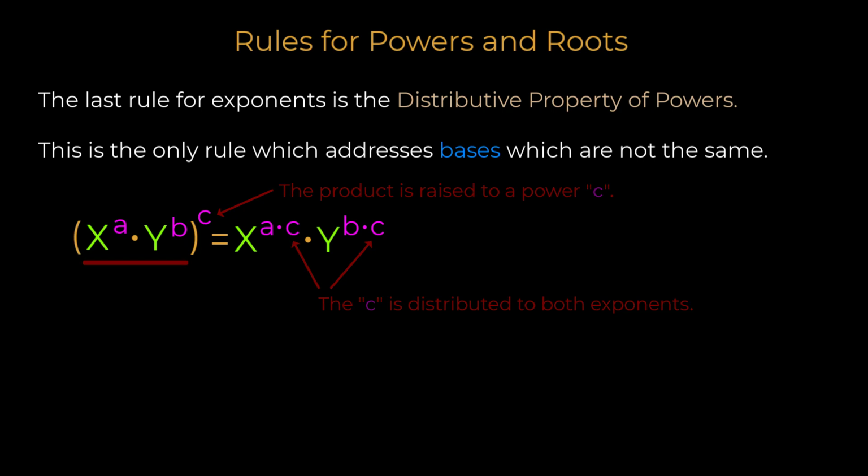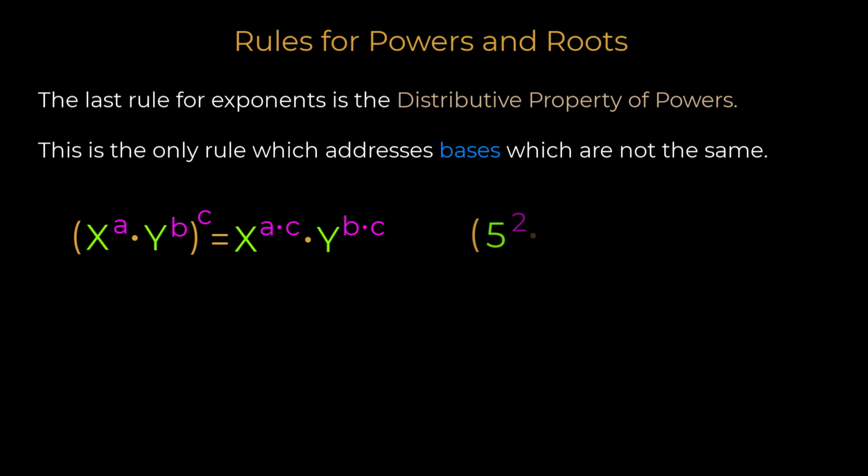Let's try an example. 5 squared times 3 cubed, quantity squared, is equal to 5 to the 2 times 2 power times 3 to the 3 times 2 power. Let's take a moment to work this out.